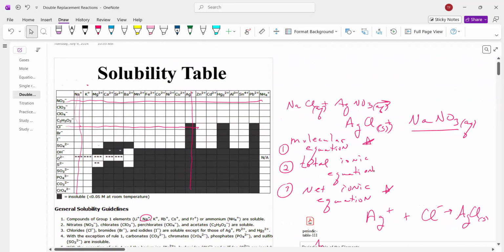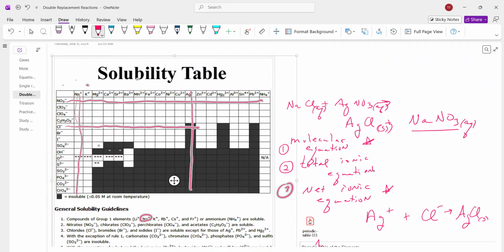Look on here. What about nitrates? See, nitrates also are all white. That means they do not form solids. Ferric sulfate: let's find the sulfate on the left. Here's sulfate, and where's iron? Iron is right here. So does that form a solid? It's white. That means it's an AQ.